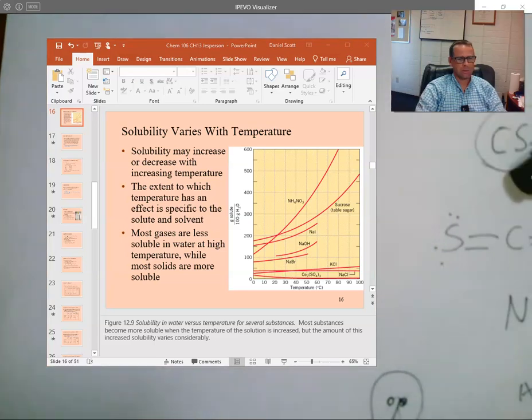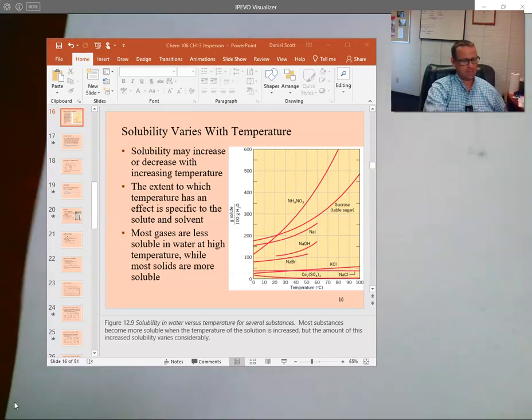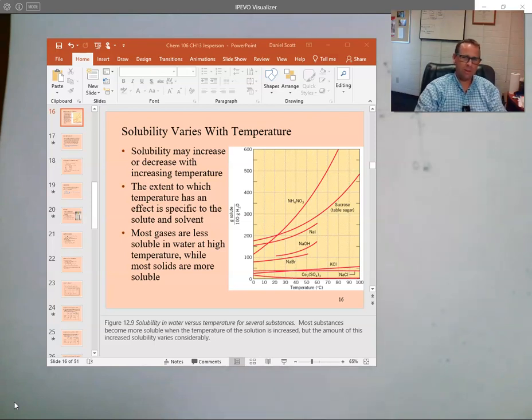Last class we ended sharing some ideas related to the solubility of solids in a solvent like water, right?